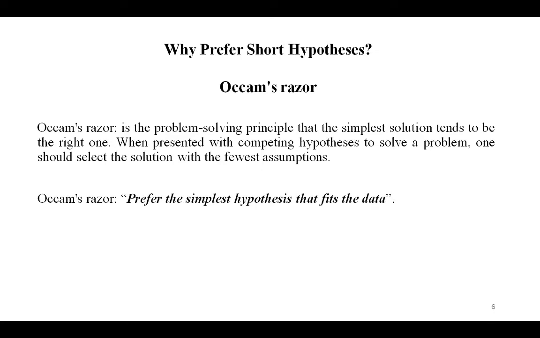So this bias often goes by the name of Occam's razor. William of Occam discussed this question of whether the ID3 inductive bias favoring shorter decision trees generalizes beyond the training data.